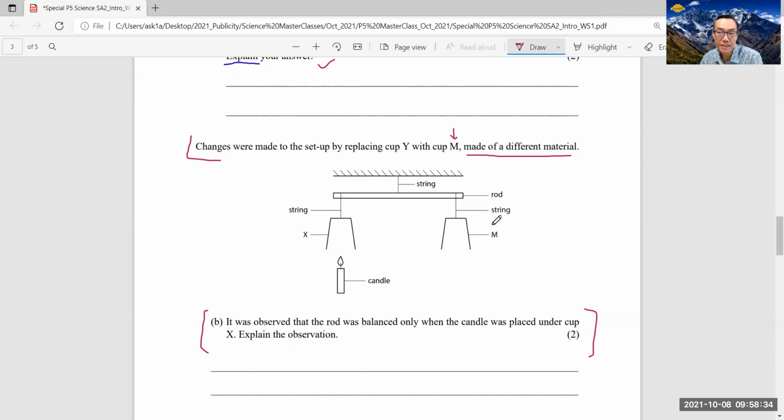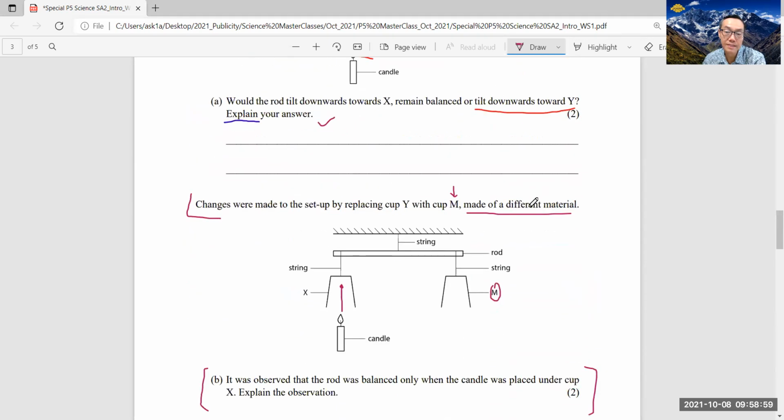That means this new cup M will have a different mass from the original one. And they can only stay balanced if there's a force from the flame preventing it from coming down, right? So the first thing you need to determine is whether the mass of cup M is greater or lesser than the previous one.